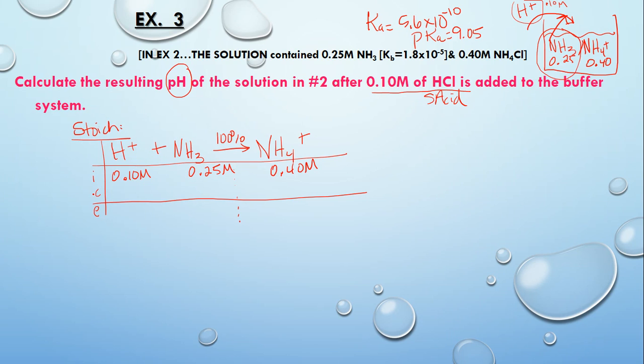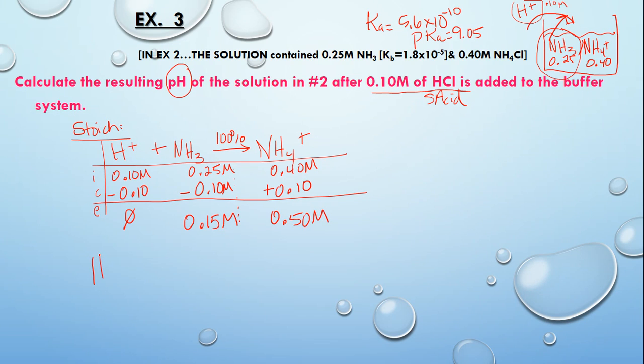So this is going to react completely, which means all of the hydrogen ion will be consumed, so there's none of it left. In the process, ammonia is going to give up 0.10 molar of itself, because it's minus 0.10, minus 0.10, and on this side plus 0.10. So the ammonia concentration is going to be 0.15 molar. And the ammonium concentration is going to be 0.50 molar.